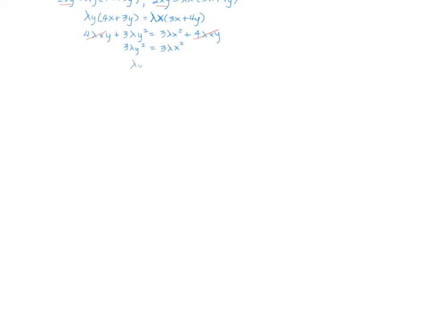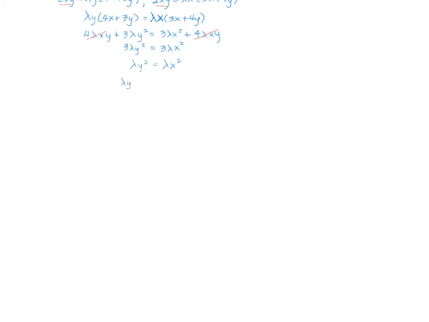We get down to lambda y squared is equal to lambda x squared. So the way we solve this algebraically is we set it equal to 0, and we set each factor equal to 0. Again, I don't want to get rid of my lambda because lambda equal to 0 is a solution to this equation, and I'll lose that solution.